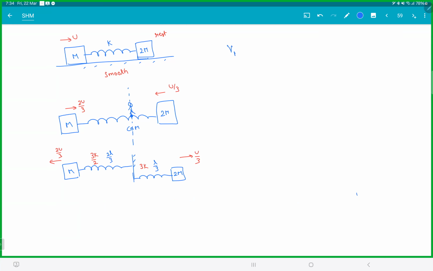So velocity of block m with respect to ground will be velocity of m block with respect to center of mass plus velocity of center of mass with respect to ground. So when do you get minimum? For minimum, both should be opposite.